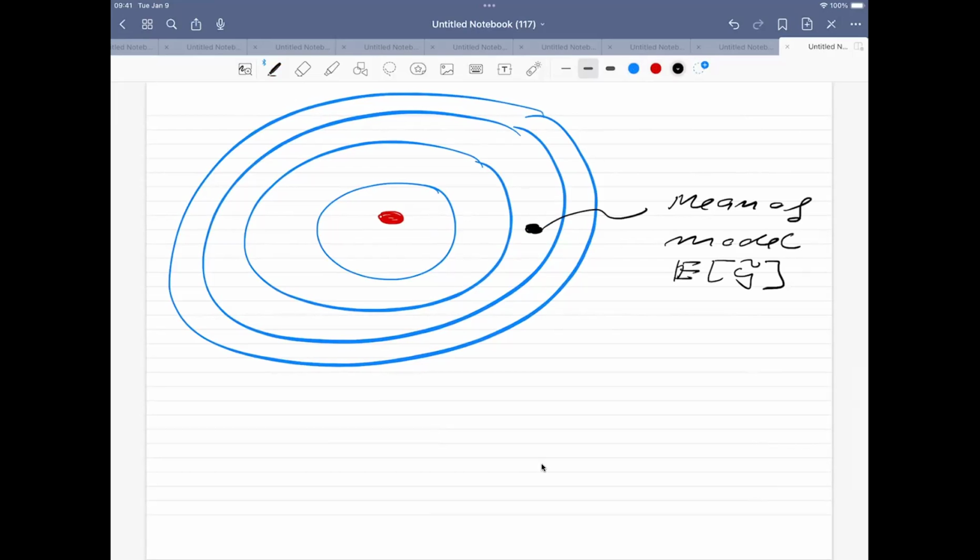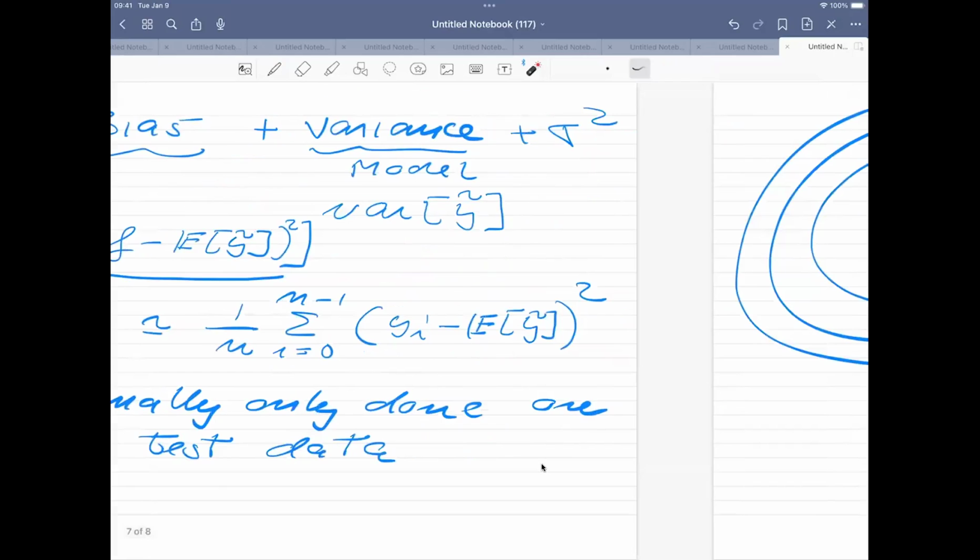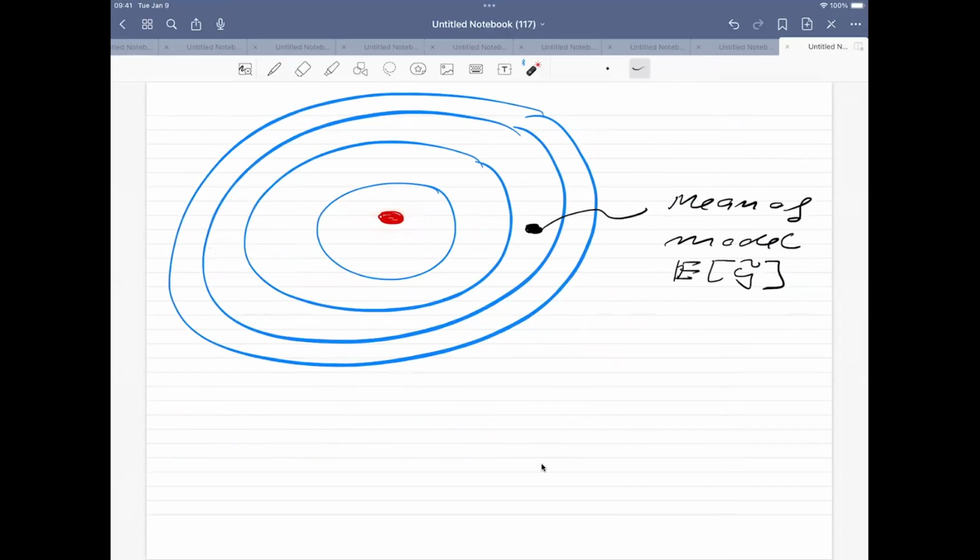So if you now look at this parameter, which we call the bias, this measures the discrepancy between the model and the output. So now we want to reproduce this point here. So what would the bias be? Would it be large or small?